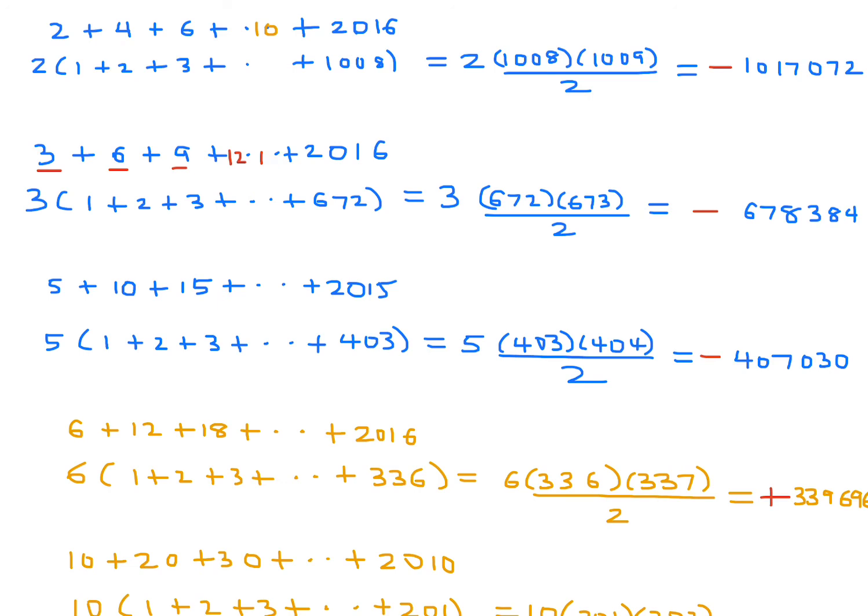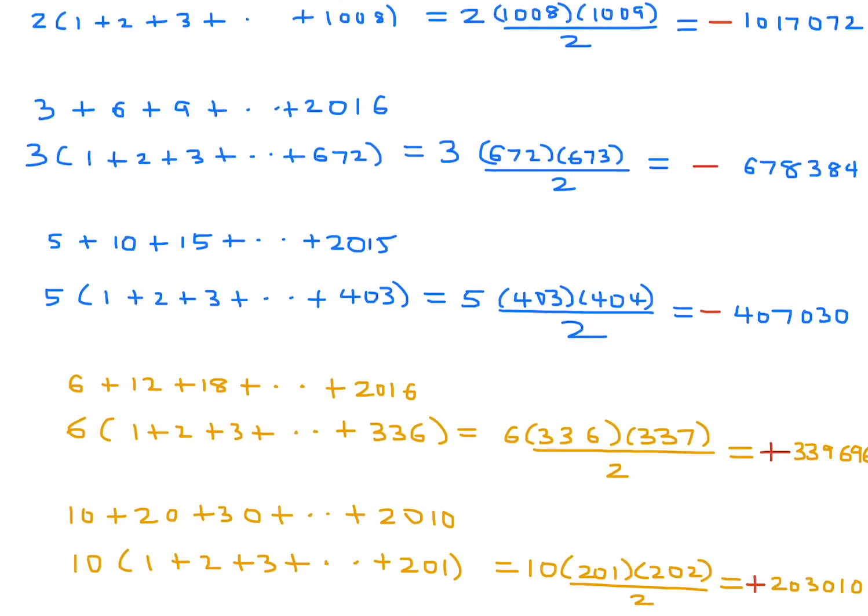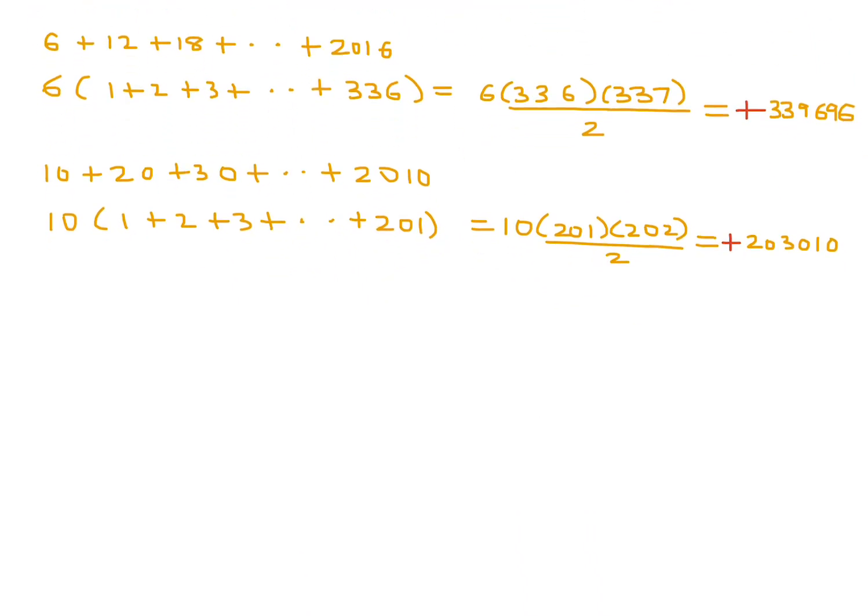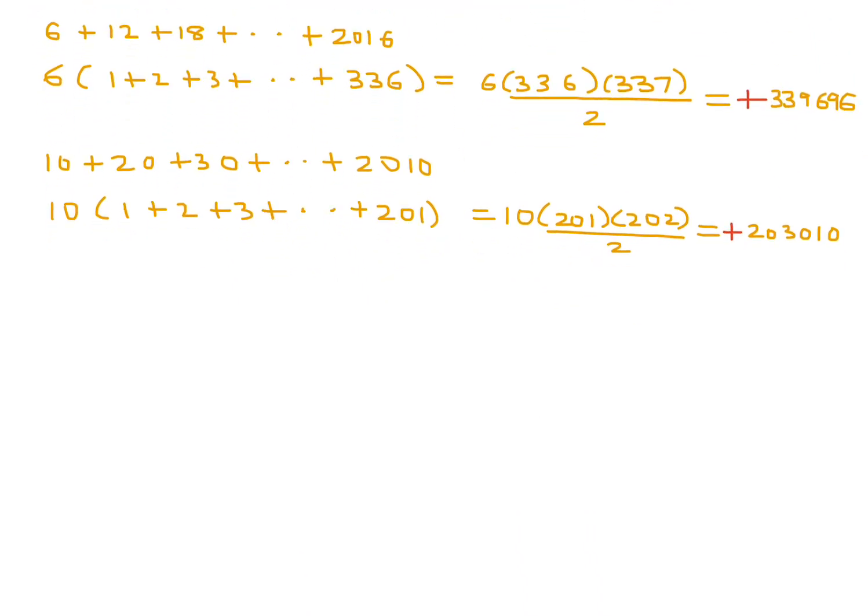So we had essentially subtracted the 15 twice, so in the same way, we've got to add it back once. So 15, 30, 45, all these multiples of 15 have to be added back once.